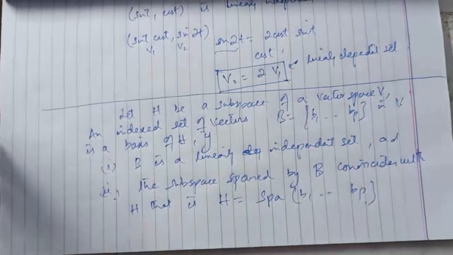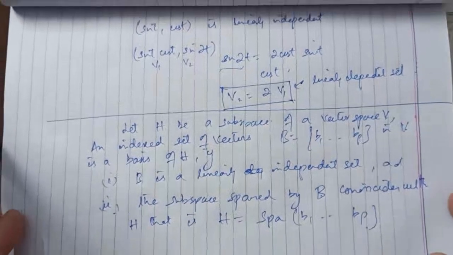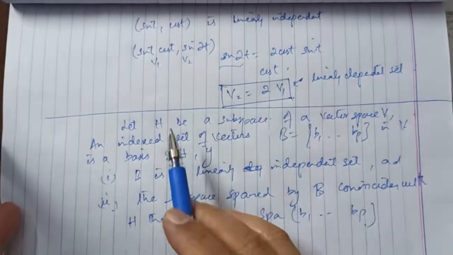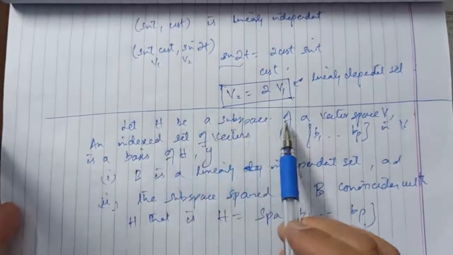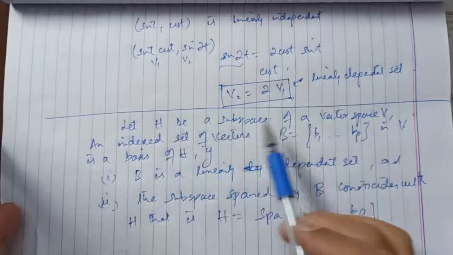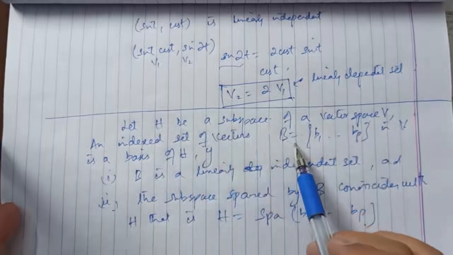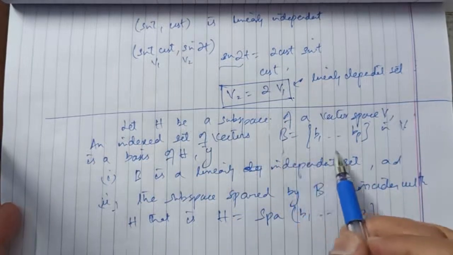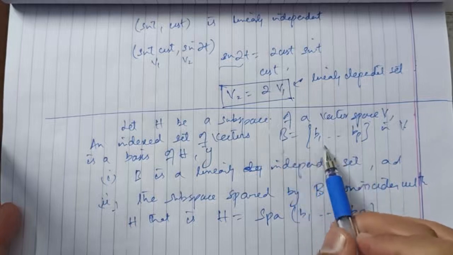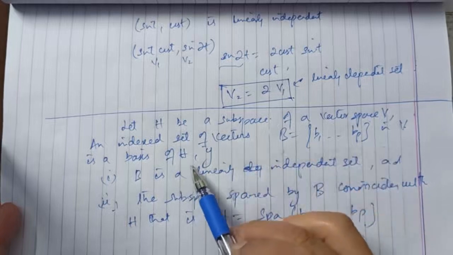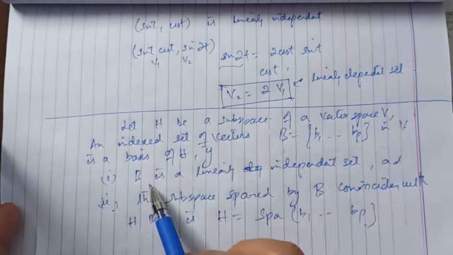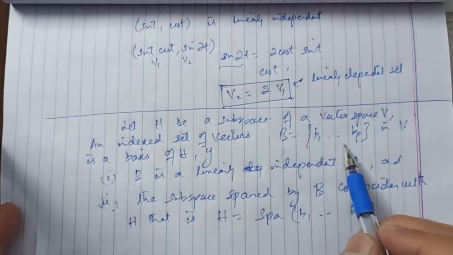So the thing here is that if H is a subspace of vector space V, then the vectors in V form a basis of H if and only if this set is a linearly independent set.